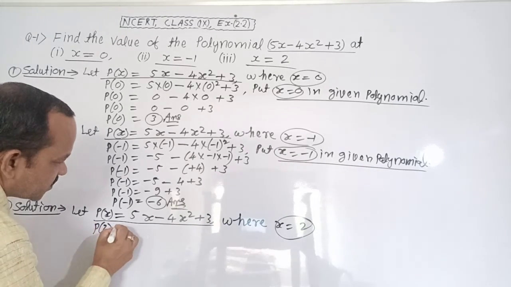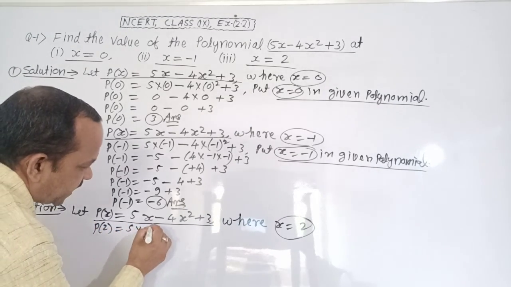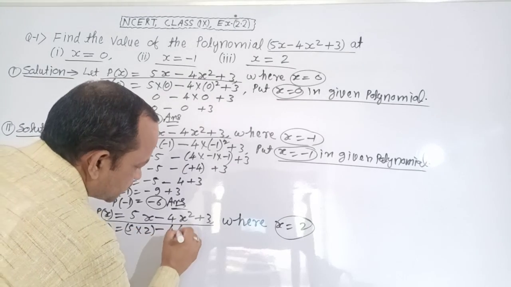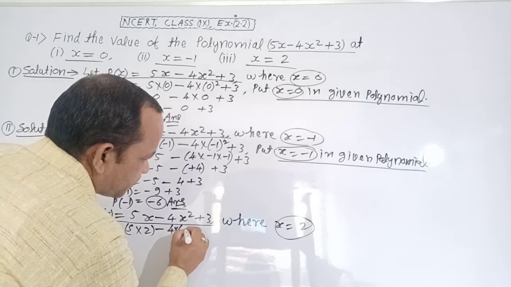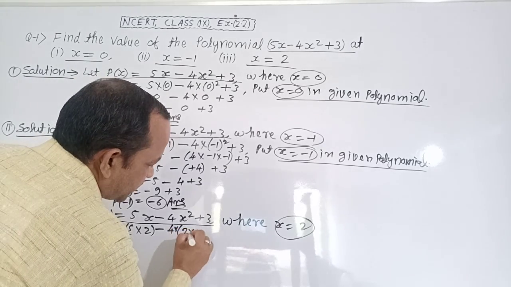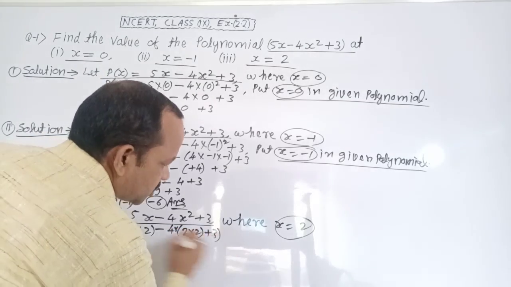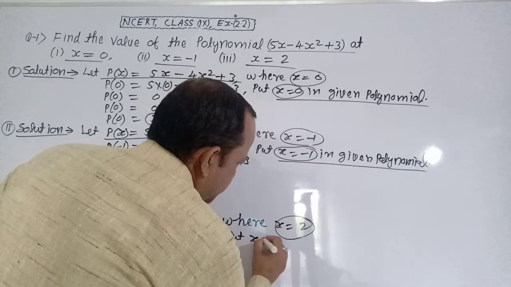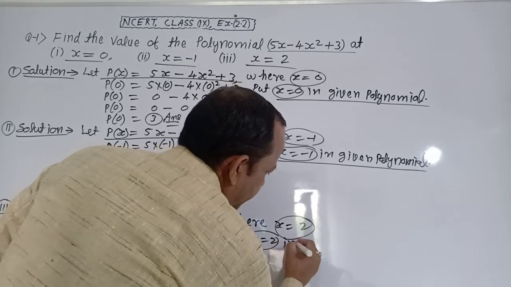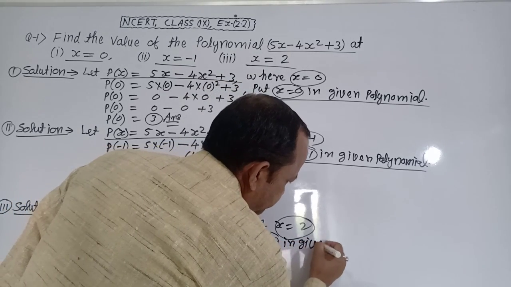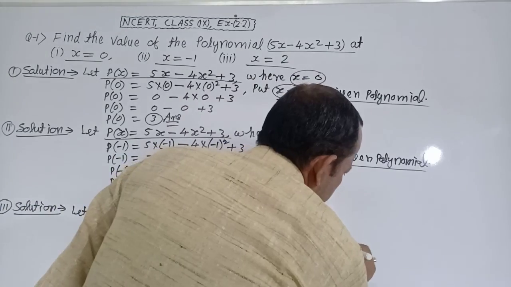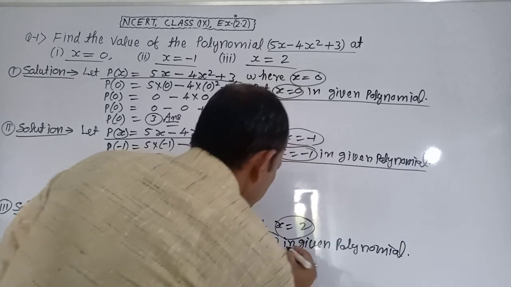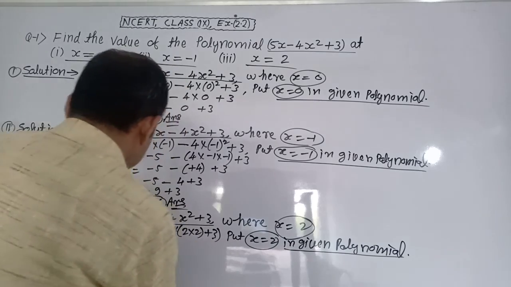Now P(2) equals 5 multiplied by 2 minus 4 multiplied by 2 multiplied by 2 plus 3. Put x equal to 2 in the given polynomial.